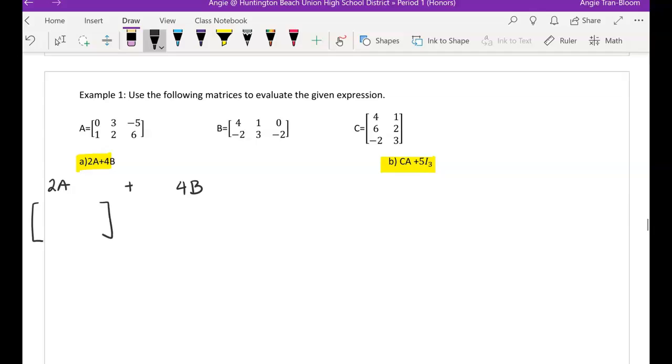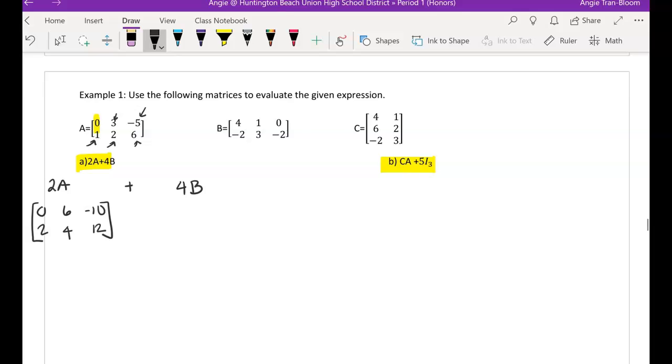Okay, so 2 times 0 is still 0. 2 times 3 is now 6. 2 times negative 5 is now negative 10. 2 times 1 is now 2. 2 times 2 is now 4. And 2 times 6 is 12. So that's what you do when you multiply a matrix by a scalar.